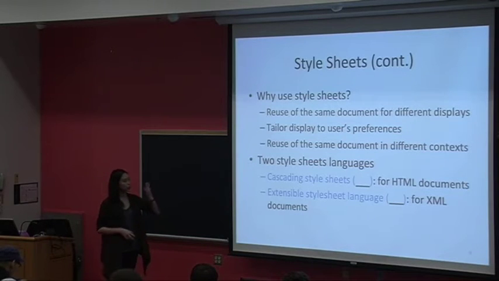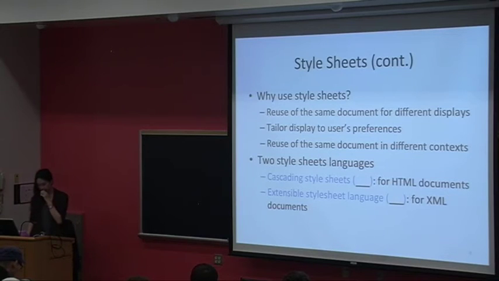Okay, so there are two major style sheet languages. The first one is the one we will talk about today, Cascading Style Sheets, which is CSS. It is for HTML documents. Another one is Extensible Style Sheet Language, which we call XSL. It is for the XML documents we talked about last time.